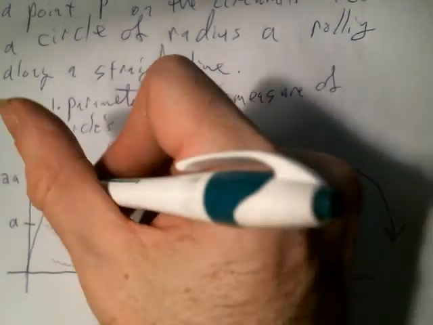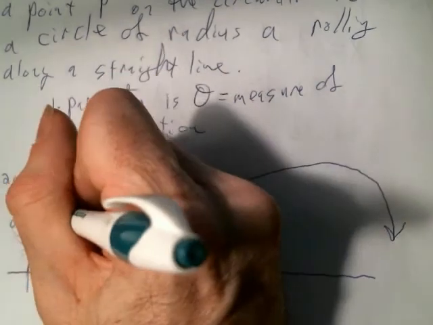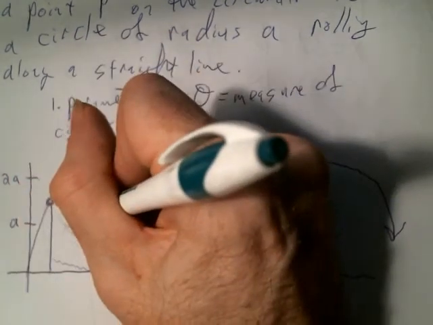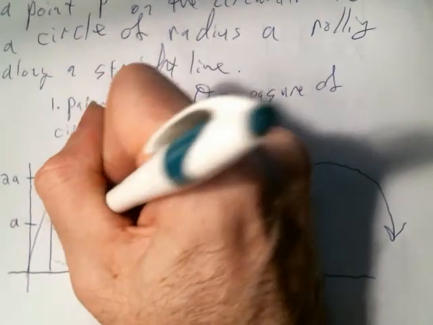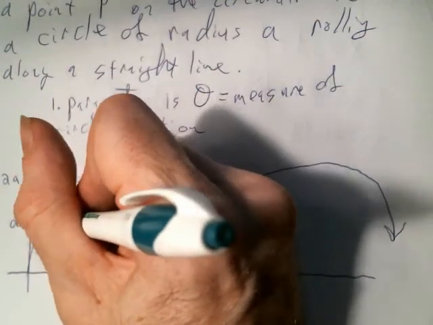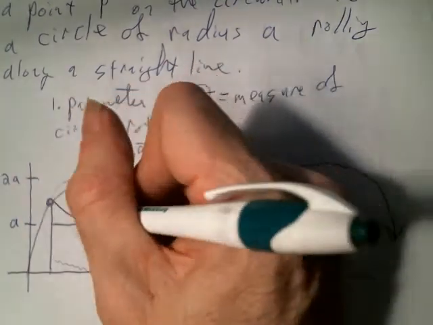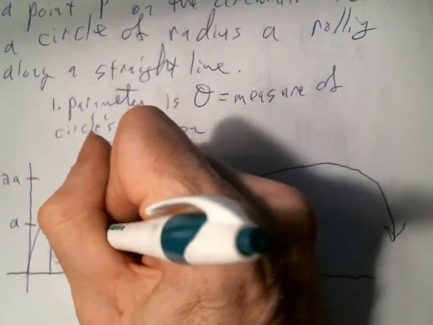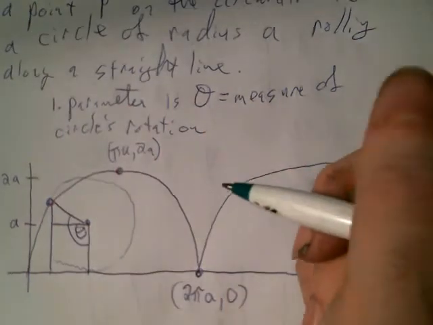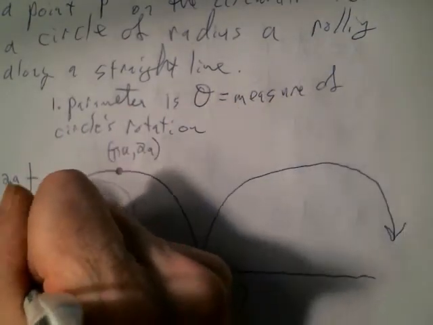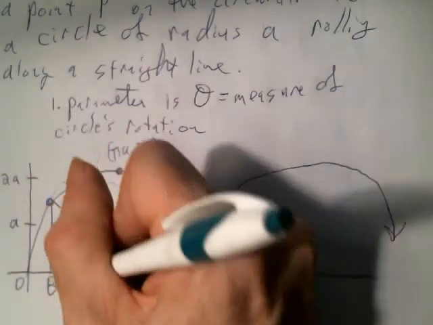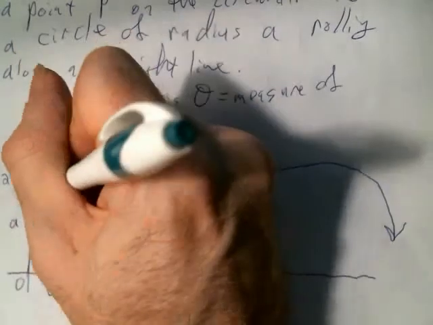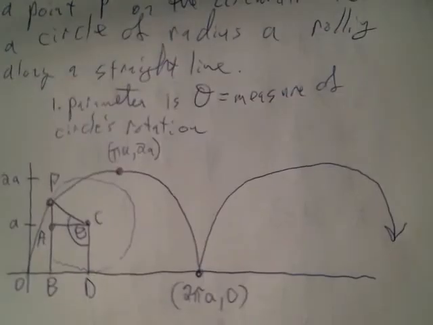We want to locate a bunch of points in here and then zoom in on it. So I need to do some construction. Here's the center of the circle. It's going out to there. There's a bunch of points. The theta value is going to be this angle here, this theta angle. We have O, B, D, C, this is A, and then this is a point on the circle P. Right?